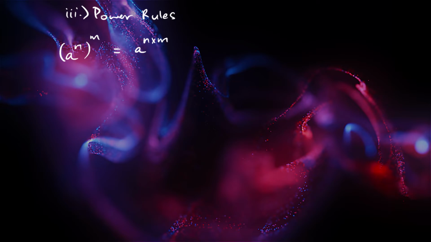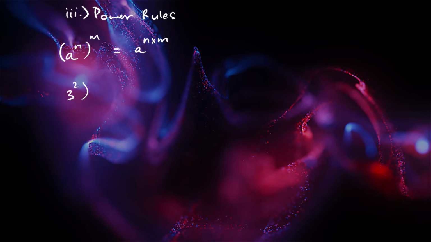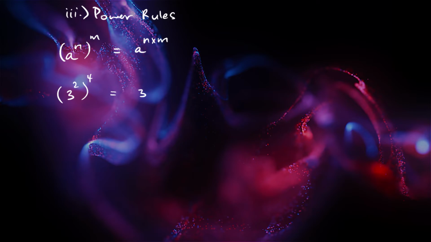Let's look at an example of this. Let's say I had 3 to the power of 2 raised to the power of 4. Using our first power rule, this would give me 3 to the power of 2 multiplied by 4, which is equal to 3 to the power of 8. So that's a nice trick that's going to be useful for us.